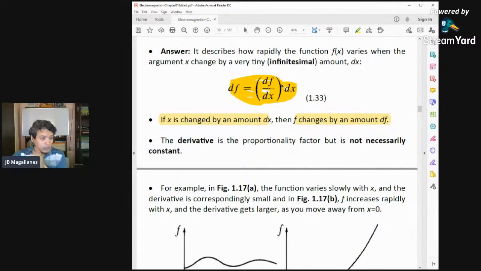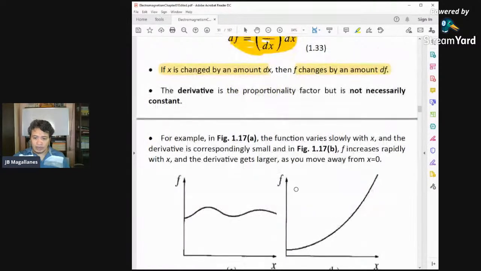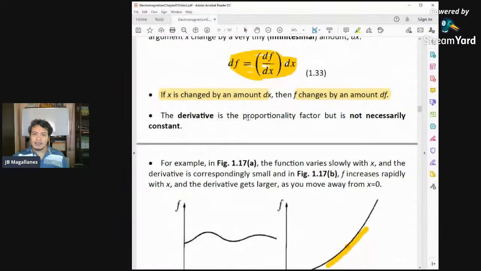F is a function, it is a curve in the xf plane. So if you want to get the slope of the tangent line here, you just draw a tangent line here. The slope of this tangent line is the derivative of f with respect to x. If you look at this equation, the derivative is the proportionality factor, but this is not necessarily constant. The proportionality factor is the slope of the tangent line.